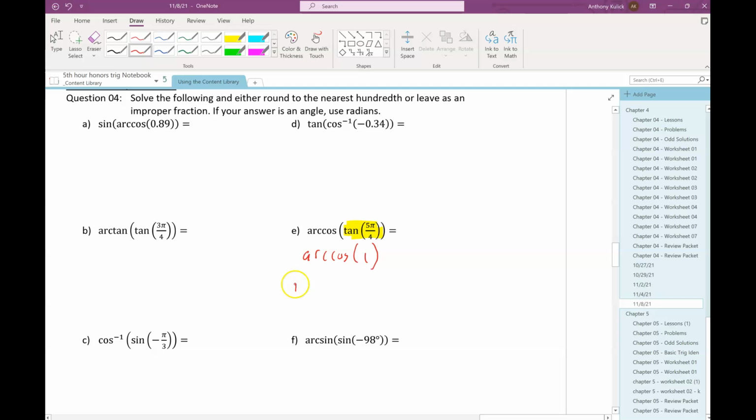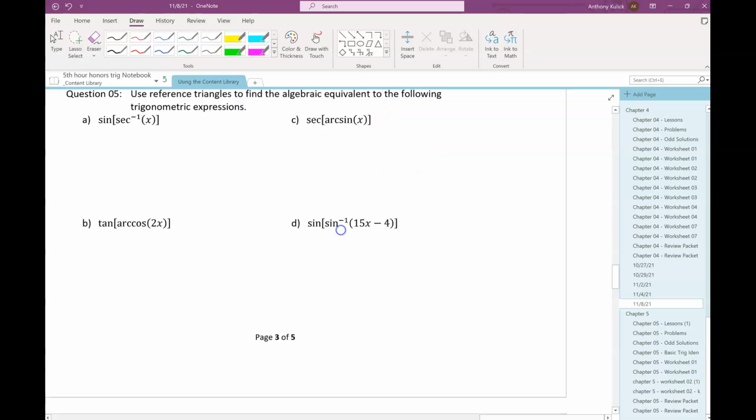Then I'm going to remember that my range for arc cosine or cosine inverse goes from 0 to pi. So I'm going to go back to the unit circle and look for the place where the x coordinate is 1 inside that range.